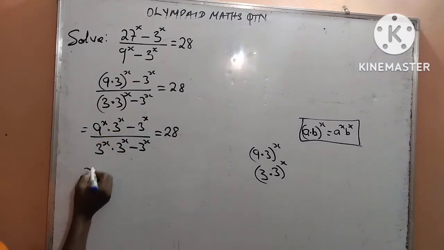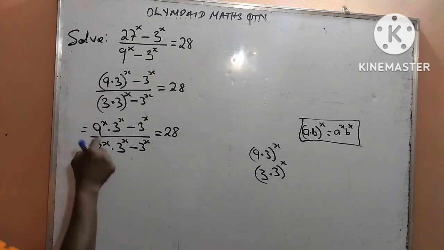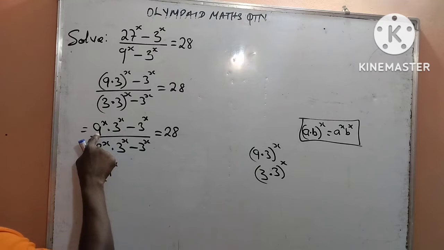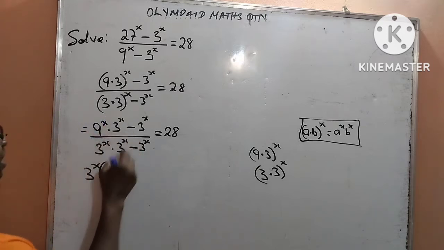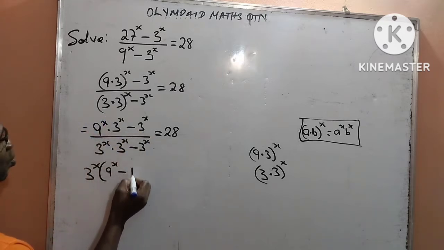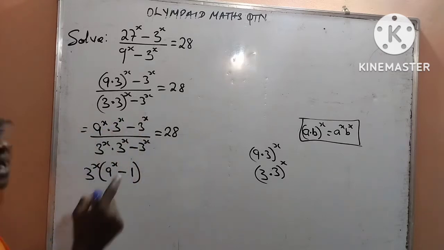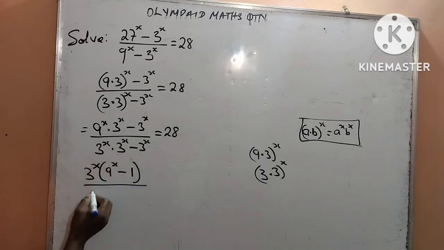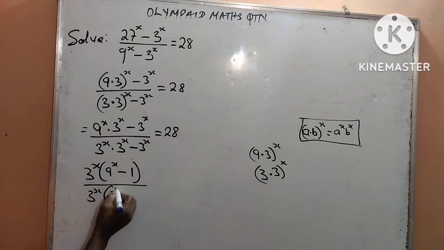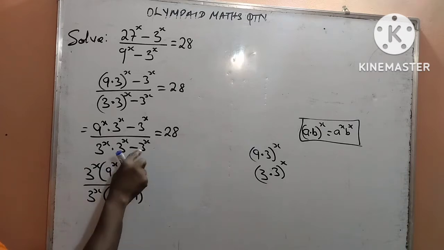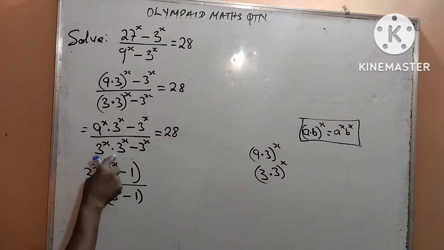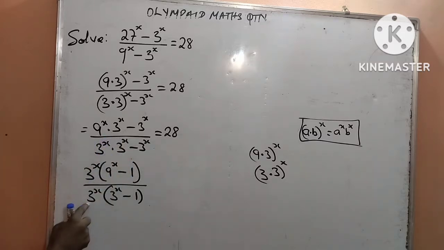If I factor out 3^x at the numerator, I shall now have left 9^x, because this is 9^x multiplied by 3^x, and on this side I have minus 1. Also at the denominator I shall have 3^x, which is also common, and I am left with 3^x, then minus 1. Here I have 3^x times 3^x, so one of them is gone outside.